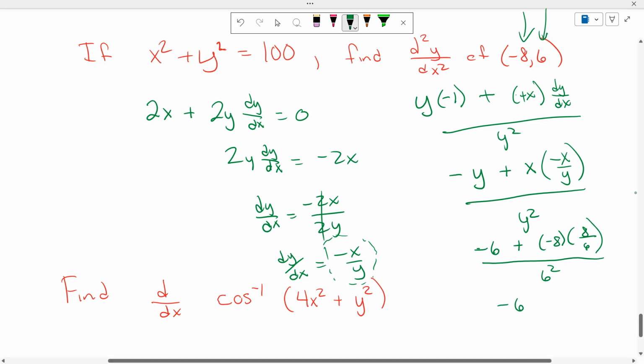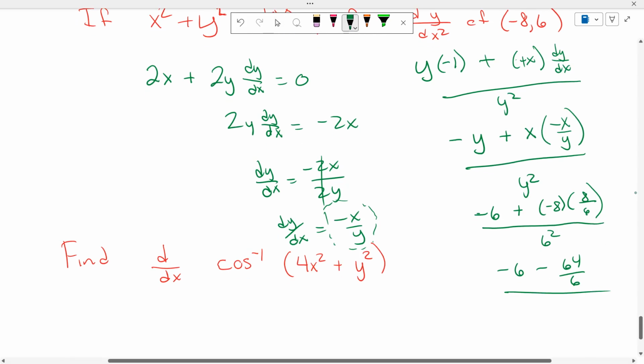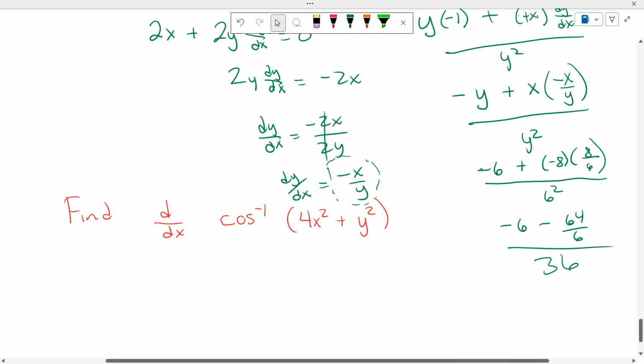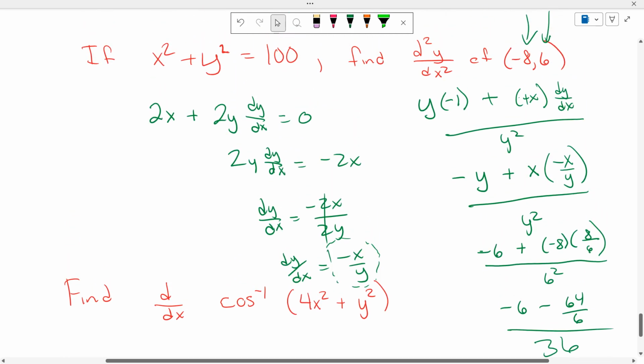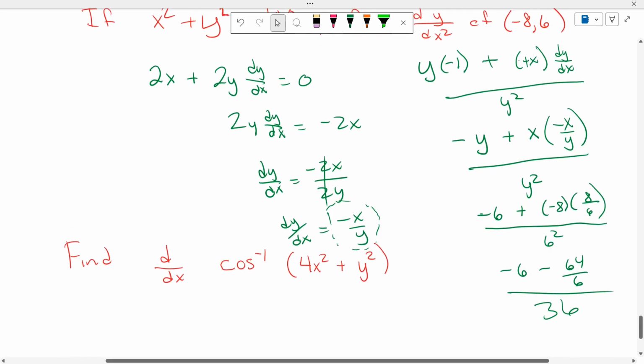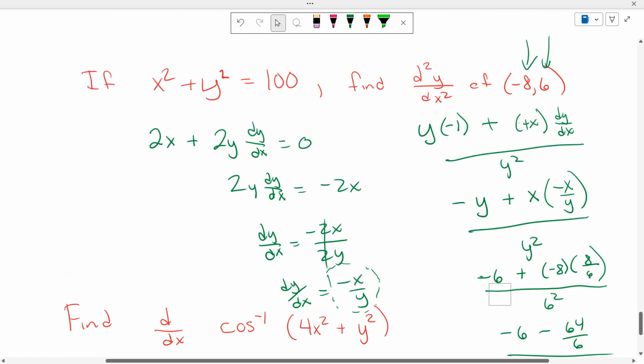So it's negative 6 minus 64 over 6 over 36. Something doesn't look exactly right here for some reason. Because I thought it would be a positive number.